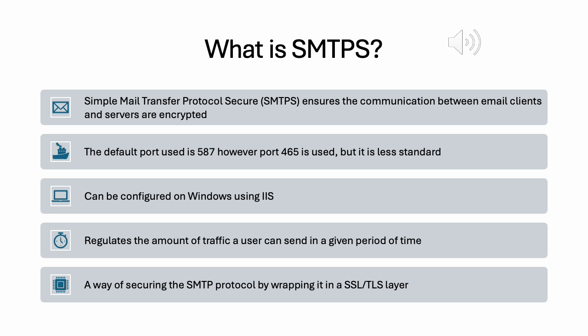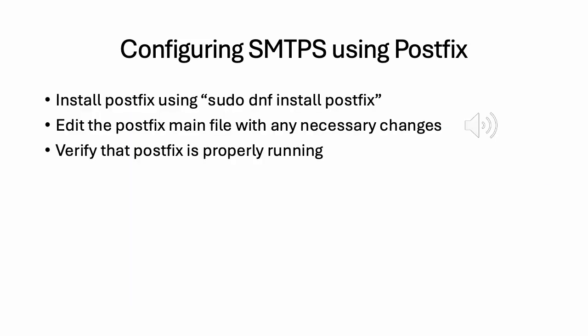One of the key benefits of using SMTPS is that it can be configured to regulate outgoing email traffic, which helps prevent spam and ensures that email servers are not abused for malicious purposes. To configure SMTPS using Postfix, which is a popular mail transfer agent, you'll first want to install Postfix by running the provided command.